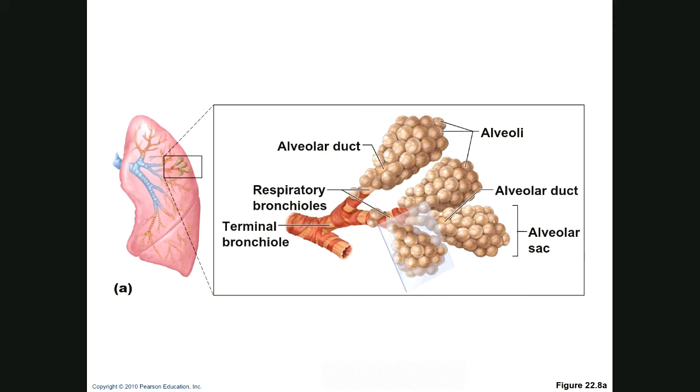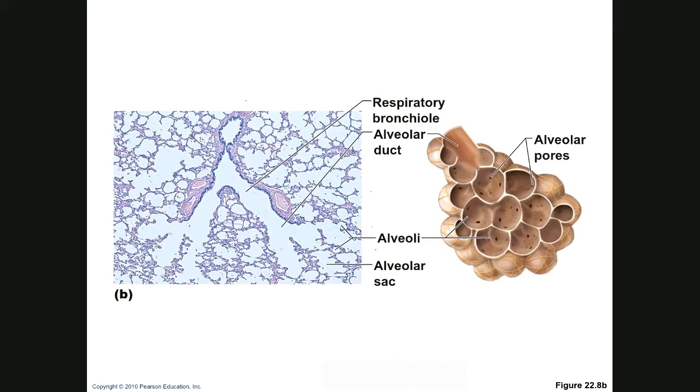We have our terminal bronchiole, respiratory bronchioles, alveolar ducts up in here, and a little bunch of alveoli is an alveolar sac. The alveolus is the individual little thing. And here we have an alveolus, the individual little round thing, and they're connected with pores.